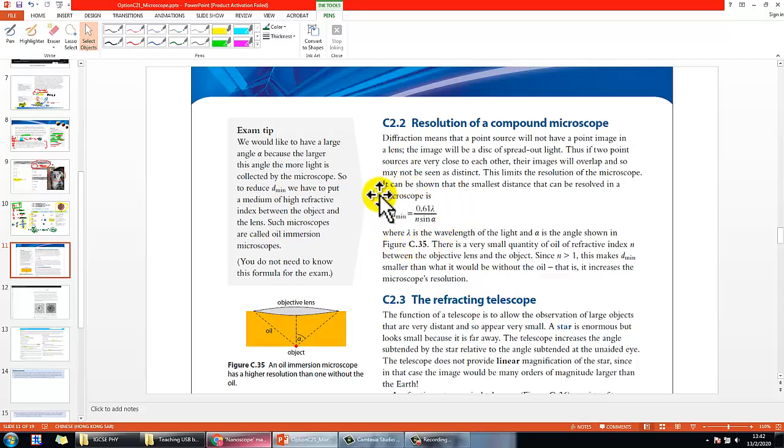In fact, you have already learned a similar equation in a previous chapter, I think in the wave chapter, chapter 10, not chapter 11, about resolving power. So you can use this equation.